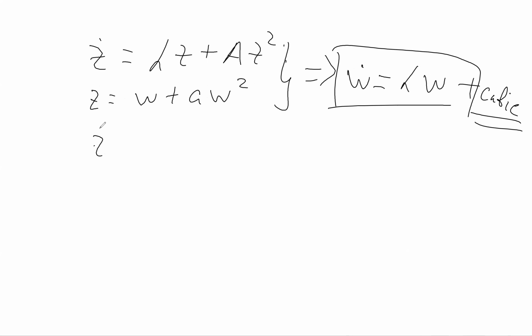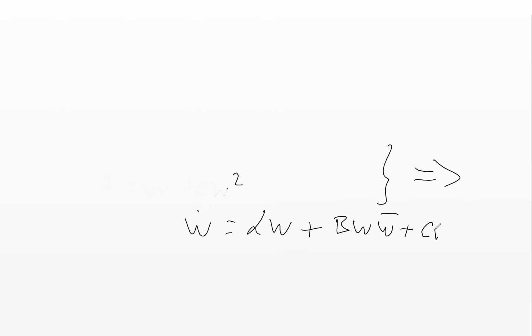What is interesting now, I will skip this part. If I would have z dot equals lambda z plus a z squared plus b z z conjugate plus c z conjugate squared, and I still use the same substitution, then in terms of w we will have lambda w plus, I didn't prove it, so a z squared disappears, but this and this will stay, plus cubic.